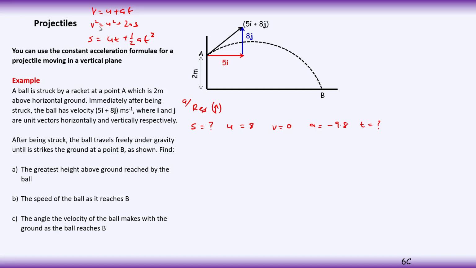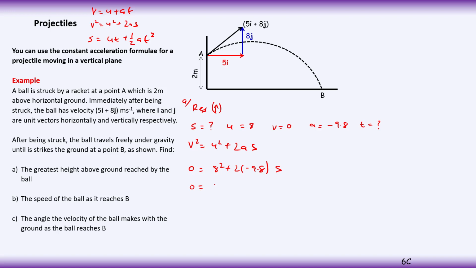Which one can I use? S, which I'm going to find, U, V and A, so V squared equals U squared plus 2AS. So 0 is equal to 8 squared plus 2 times minus 9.8 times S, which I'm trying to find.